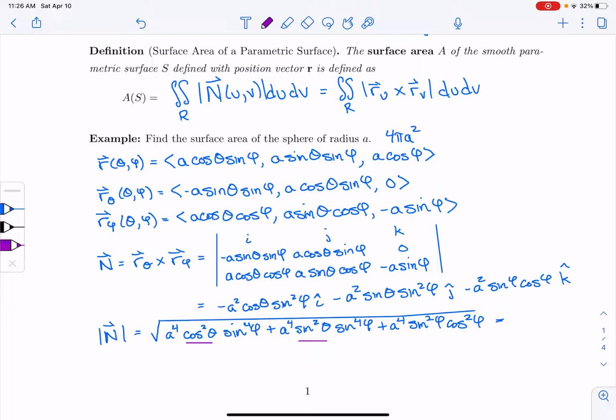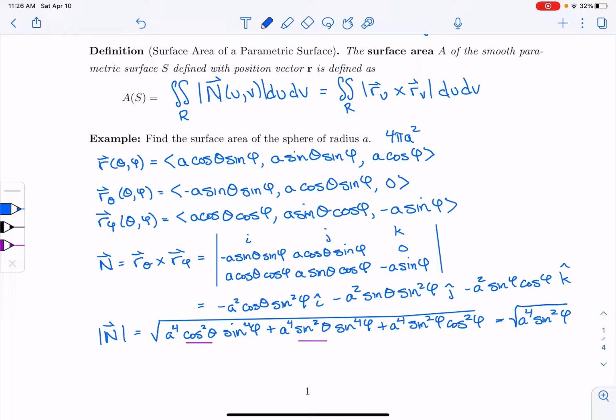And then you can take a sine squared phi out of those two terms and then the cosine squared phi out of the last term, and that adds up to 1. So ultimately, you end up with the square root of a to the fourth sine squared phi.